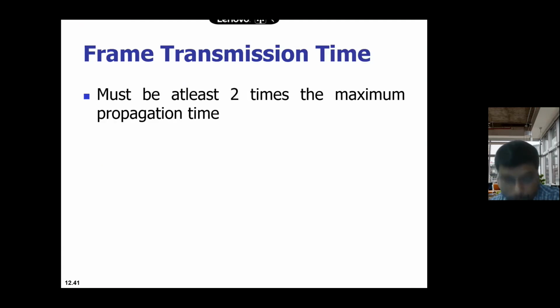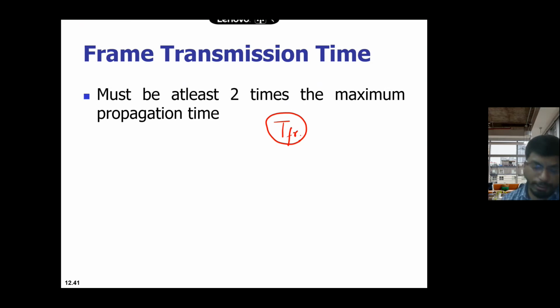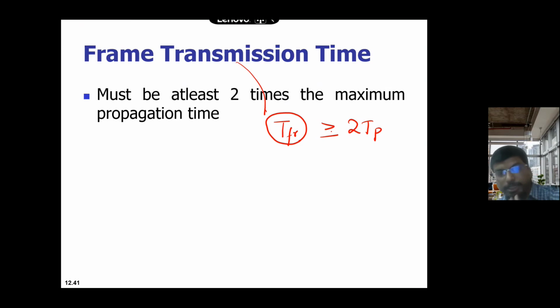So for that to work, you can write this down: the station's frame transmission time should keep transmitting for at least twice the maximum propagation delay. So for collision detection to work, TFR, the frame transmission time, should be at least 2 times the maximum propagation time.